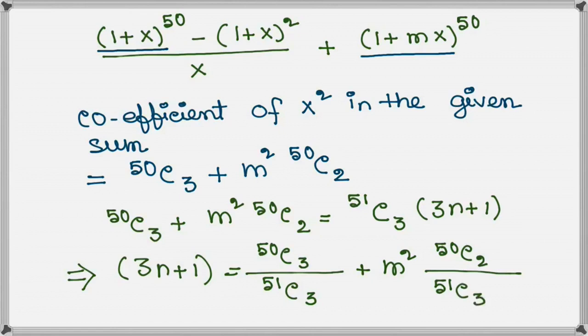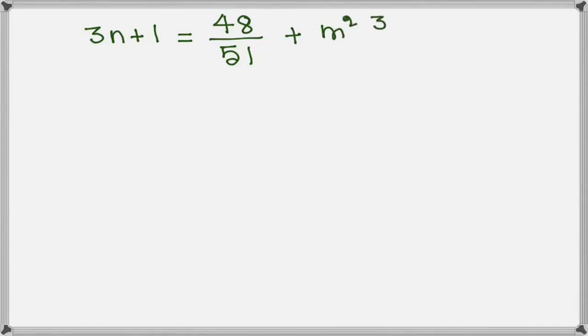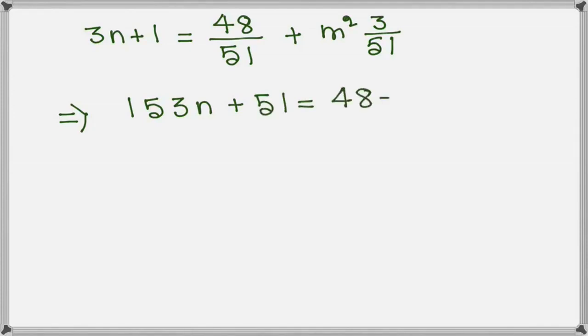So, finally, we have 3n plus 1 is equal to 48 by 51 plus m square into 3 by 51. That is 153n plus 51 is equal to 48 plus 3m square.